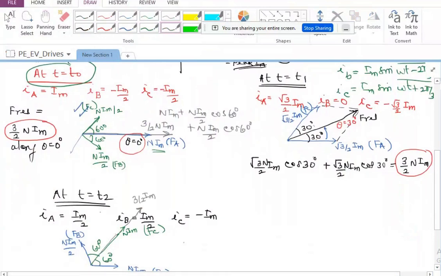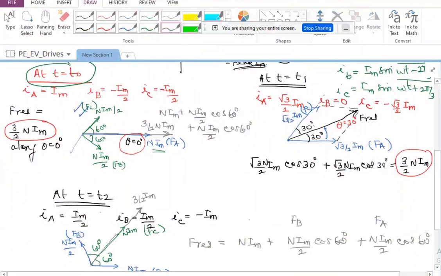So I should say F resultant is going to be N times Im plus N times Im by 2 multiplied by cos 60, which is corresponding to Fb, and N times Im divided by 2 times cos 60, which is going to be Fa.